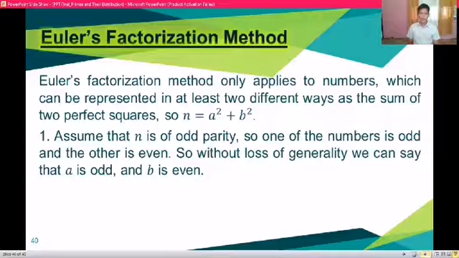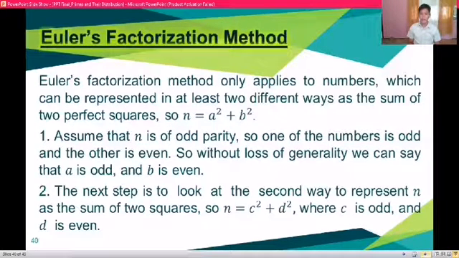So now let us begin by assuming that n is of odd parity. So one of the numbers is odd and the other is even. So without loss of generality, we can say that a is odd and b is even. The next step in Euler's factorization is to look at the second way to represent n as the sum of two squares. n is equal to c squared plus d squared.